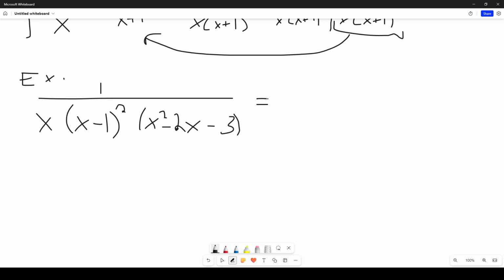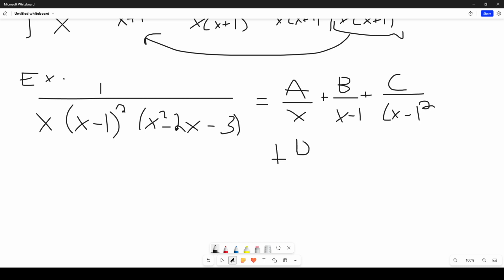Well, knowing how it was earlier, it's going to be something of the form A over x plus B over x minus 1 plus C over x minus 1 squared. And finally, plus Dx plus E over x squared minus 2x minus 3.